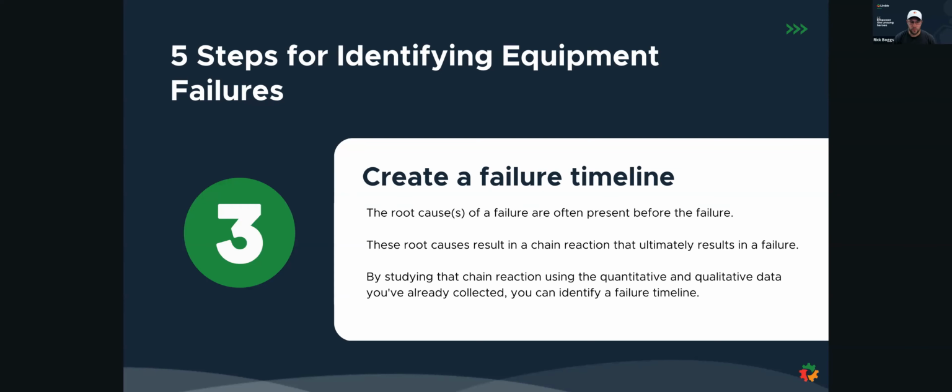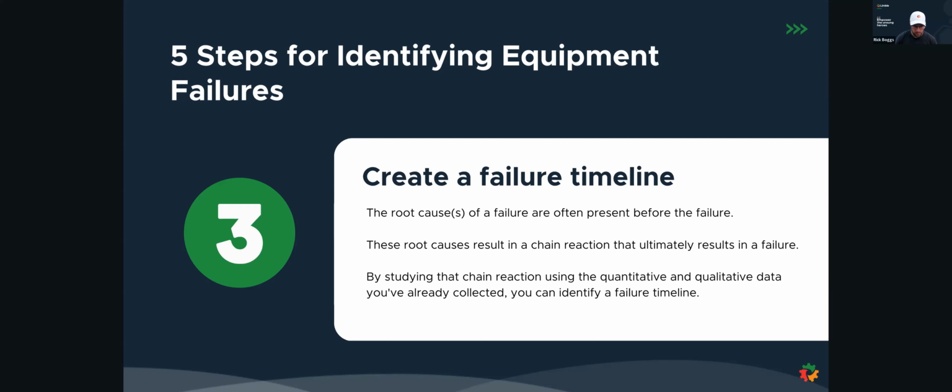In other words, we're going to find out when the root causes started and how long a period of deterioration the equipment endured before it ultimately failed. Ideally, this timeline will provide clarity over the cause and effect relationship between the events, giving us a clearer path to avoid it.